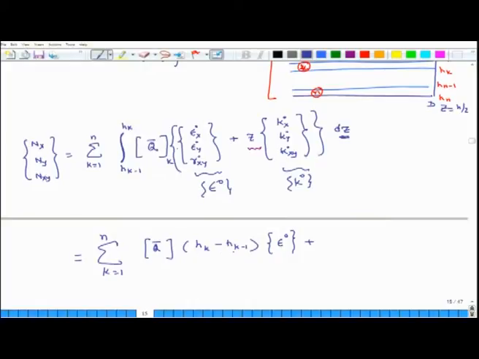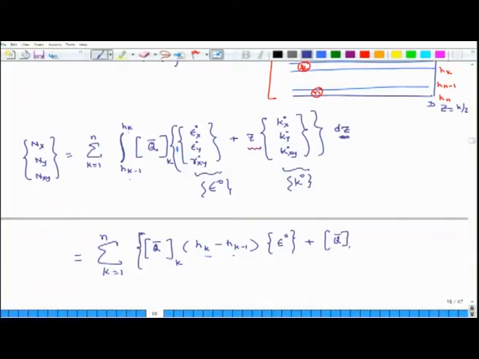How did I get h_k minus 1? See, there is a 1 here, you can consider. When I integrate 1 with respect to z, I get z, and when I take the limits of z from h_k to h_k minus 1, I get h_k minus h_k minus 1. And this is for the kth layer. We are still doing this for the kth layer. And then I do the same thing with the other one.